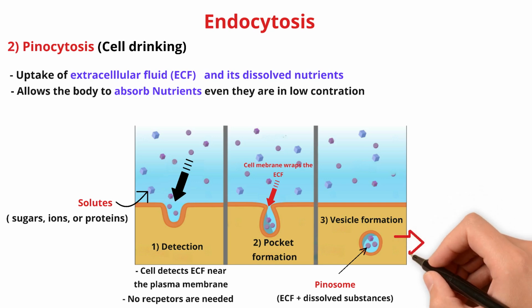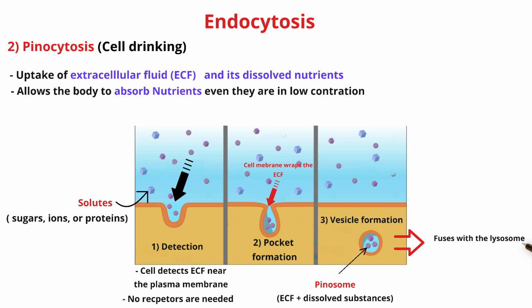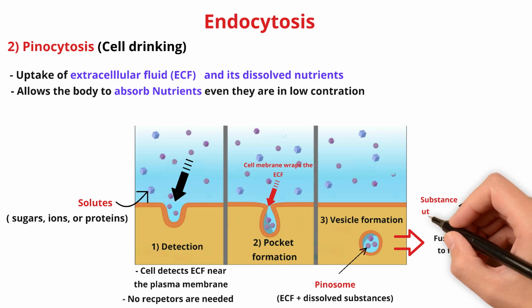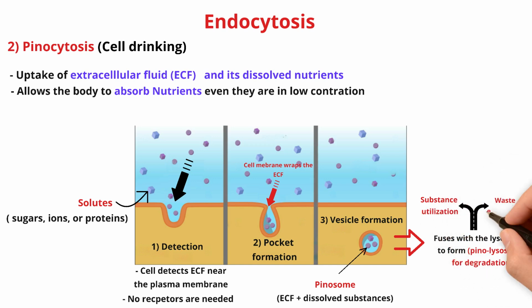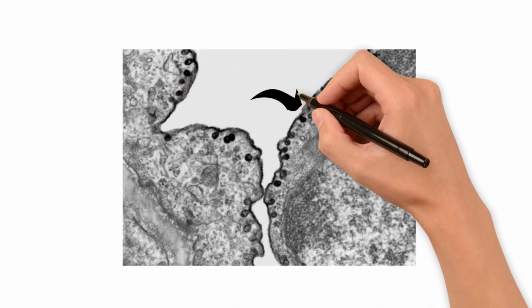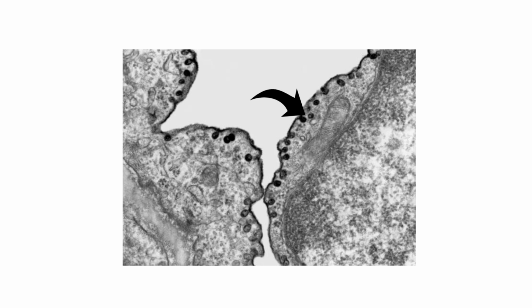This vesicle fuses with the lysosome to form pinolysosome for further degradation. Like other types of endocytosis, the cell utilizes beneficial materials and any indigestible materials are excreted by exocytosis. This electron microscopic image demonstrates the formation of pinosome vesicles during the transport of materials in the cell.